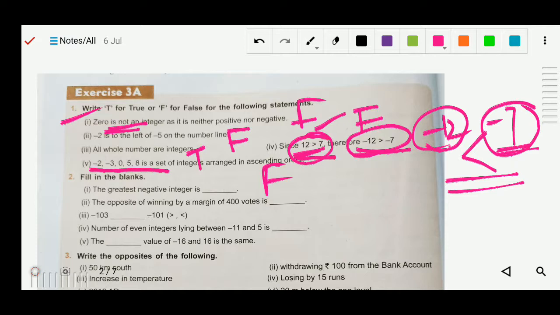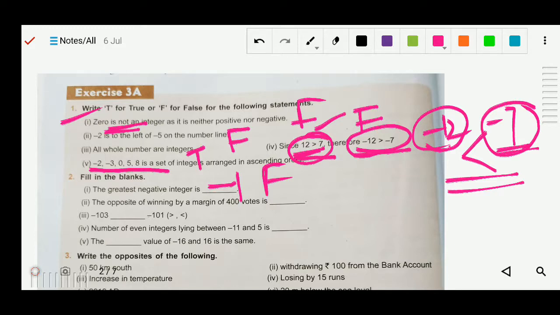Next, the greatest negative integer. Of course, minus 1, because on the minus side there is no other larger integer; it starts from minus 1, so that is the greatest. In the case of positive, we cannot find the largest number; it is undefined.